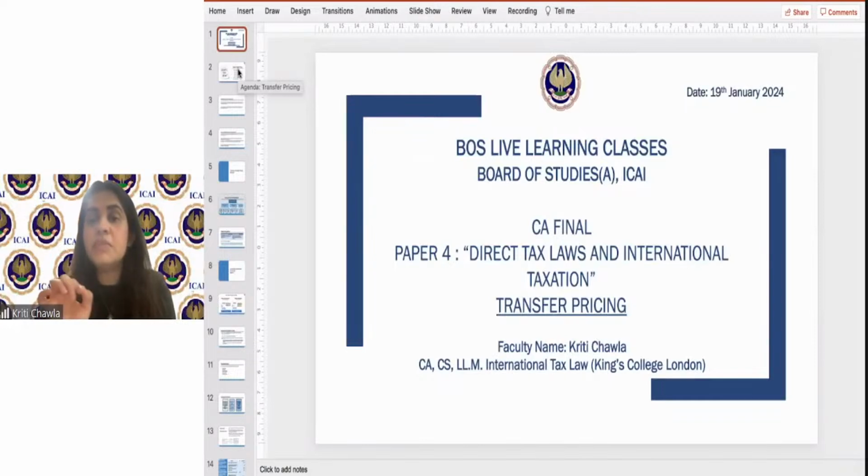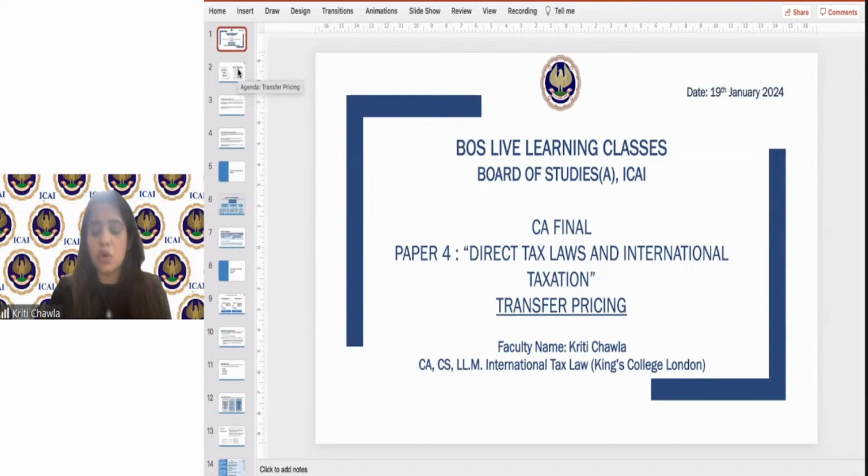And so as to curb these tax avoidance strategies, the CBDT came up with transfer pricing laws, transfer pricing rules, that basically make sure that if two related parties or two associated entities are transacting with each other, they should transact at something called the arm's length price. So this is what we discussed in the last lecture.